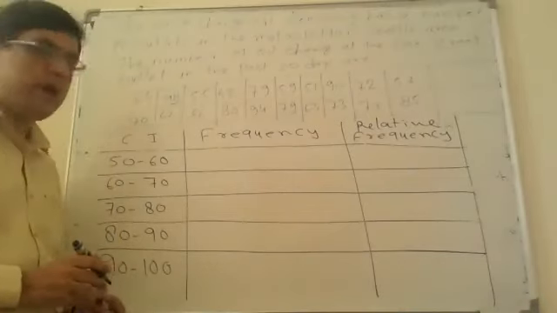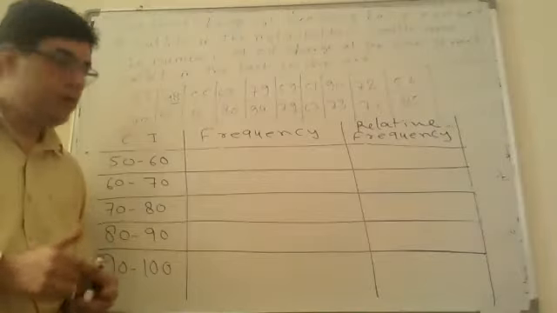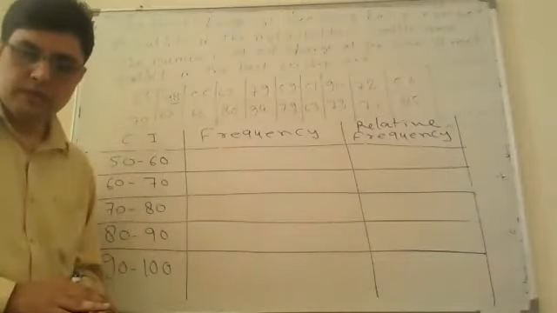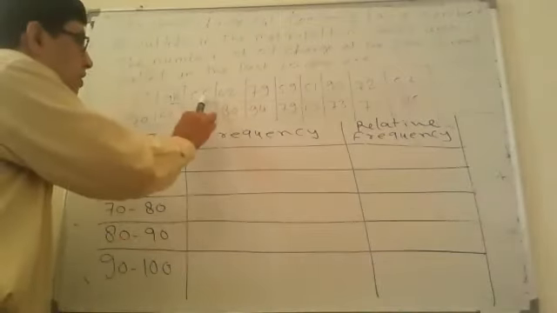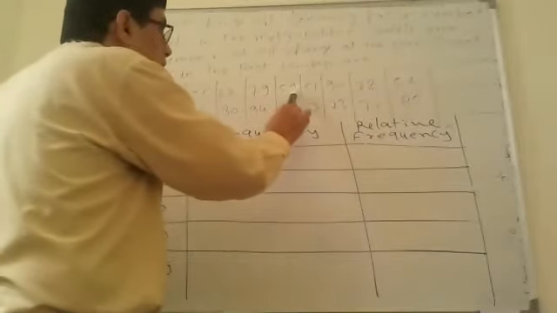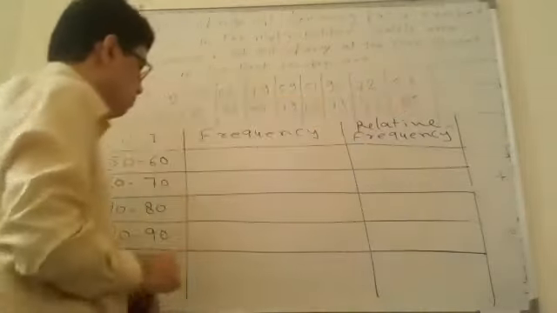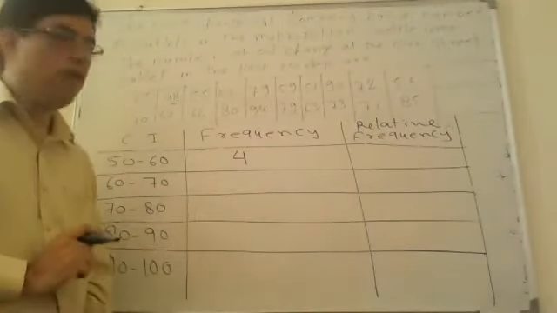So first we have to check how many values are between 50 and 60, more than 50 but up to 60. So here you check 1, 2, 3 and 4. So the value here should be 4.